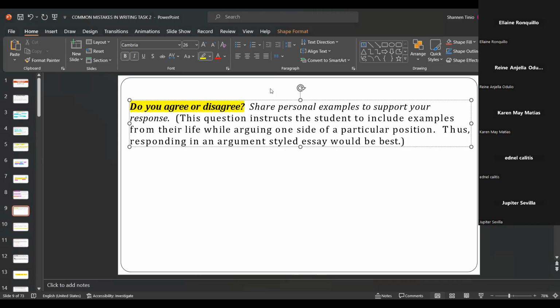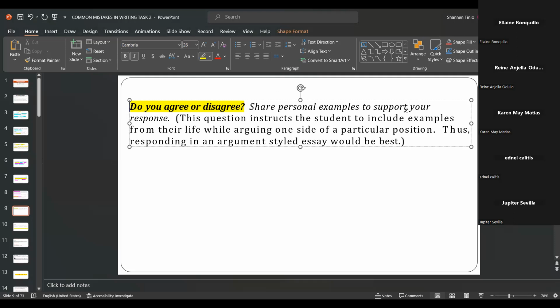Time management, right? Make up your mind, provide what is needed, provide the reasons why you agree or disagree, and make sure na you also provide examples. Because examples can help support your stand.